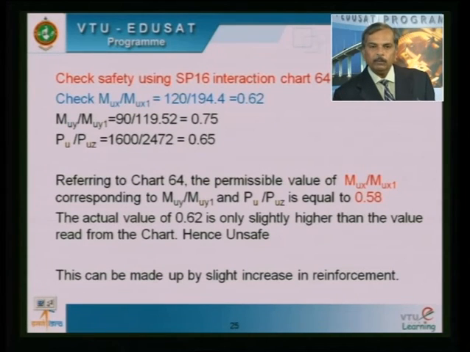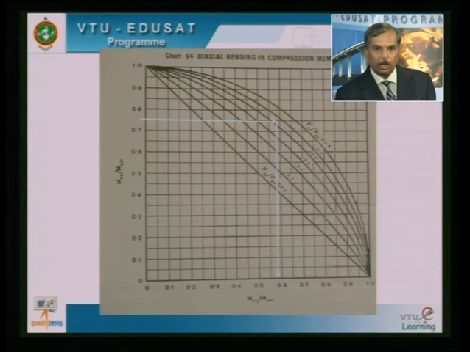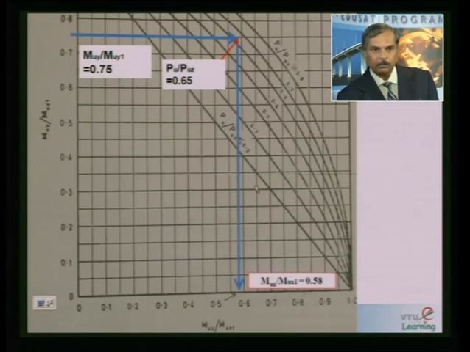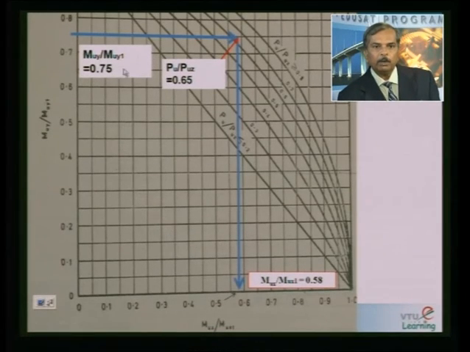But let us see what is the interaction value. By chance, if you use these values in the interaction equation, after calculating alpha n, what happens? This is the graph, just for curiosity. MUY by MUY1 is 0.75, and then I have picked up the point corresponding to PU by PUZ equal to 0.65.